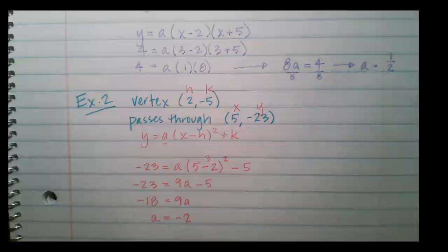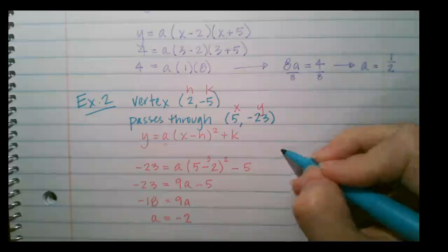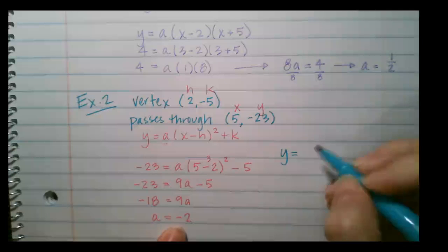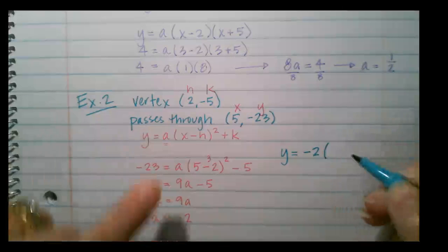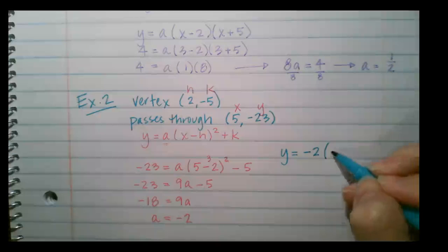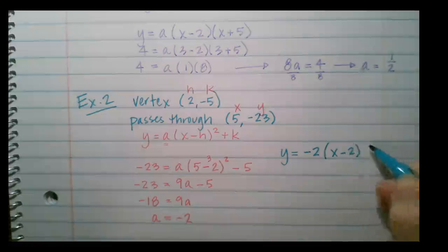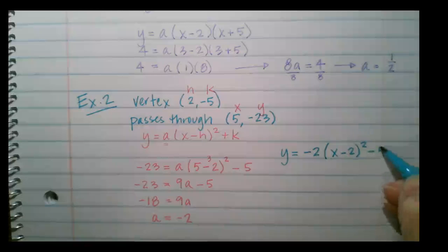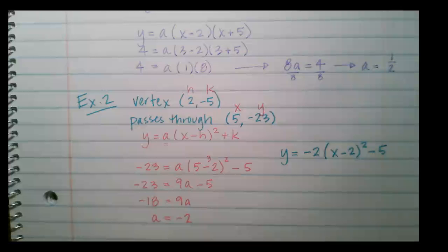So I know now that the equation of this parabola is y equals, my a is -2, and then I know from up here that this should be x minus 2 squared minus 5. So that is finding the equation of the parabola given the vertex and a point that it goes through.